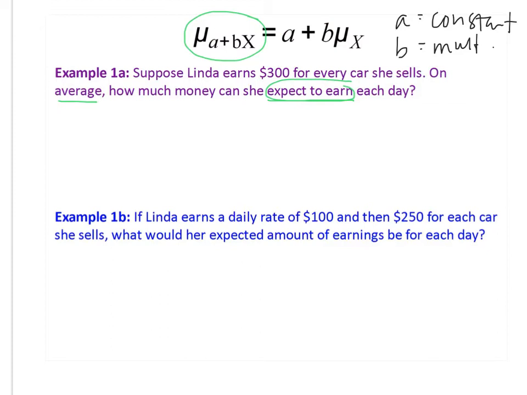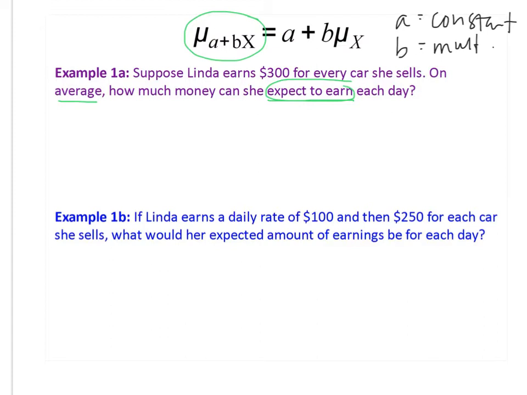Well, if I think about this problem, does it say I get $300 and then I'm done? Or does it say it's $300 for every X that we have? Well, this is saying $300 for each car, so $300 is going to be my B, or the multiple that I multiply my expected value by.